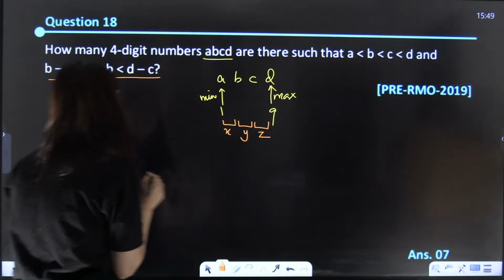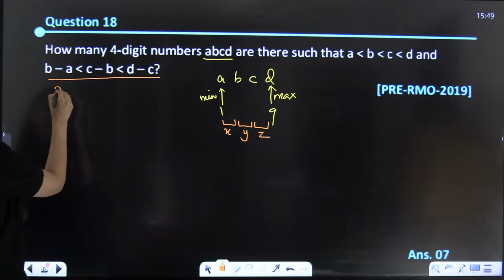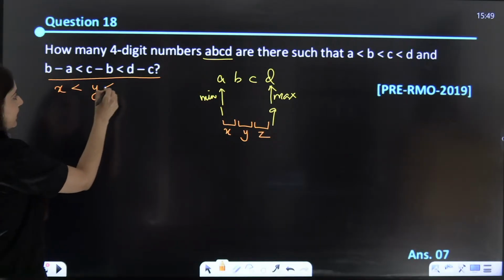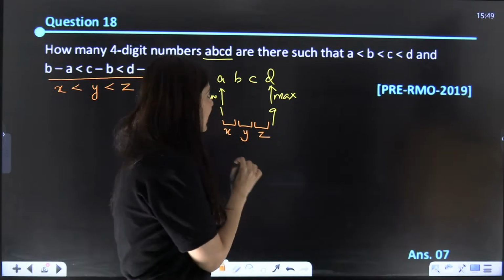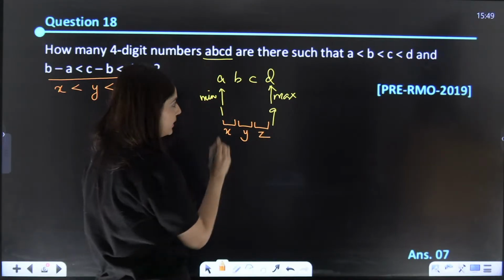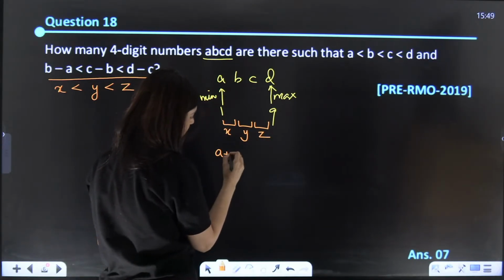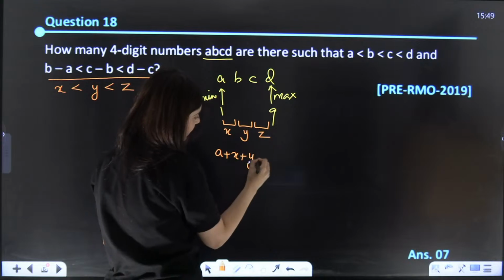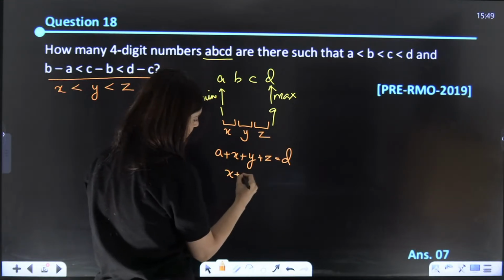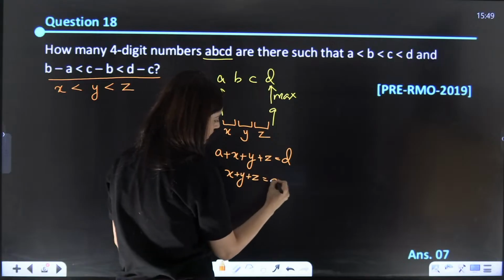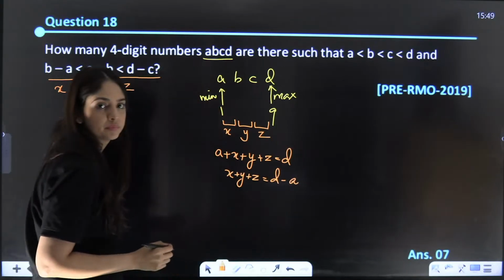So, X is less than Y, less than Z. And if we add these differences, A plus X plus Y plus Z, we get D, which means X plus Y plus Z is D minus A.